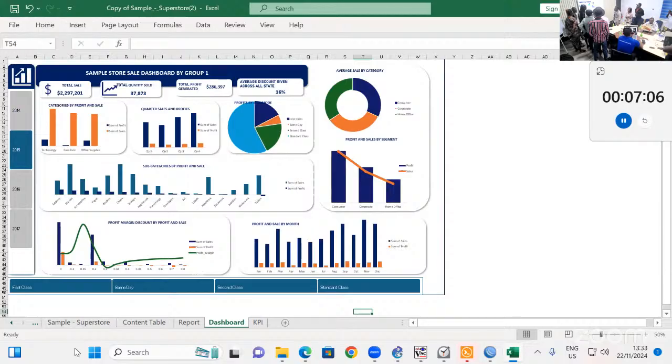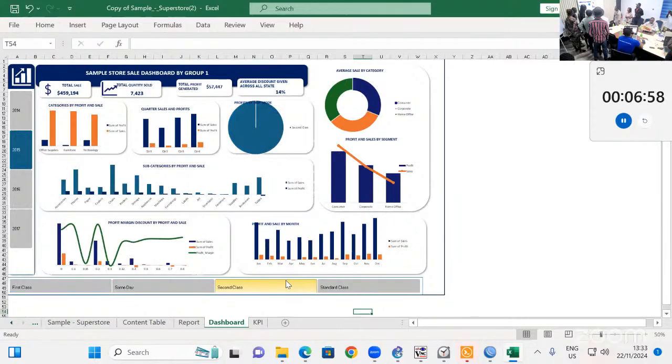Also, if you come to the slicer by shipping mode, when we choose the second class, which was second to the standard class, you observe the change in the slope of profit and sales. Also, the total sales has changed.